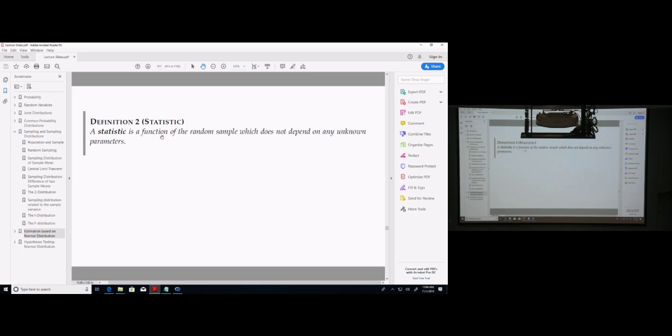So a statistic is a function of the random sample, function in the sense of a rule or formula that does not depend on any unknown parameters. So the word statistic has a very specific meaning here.